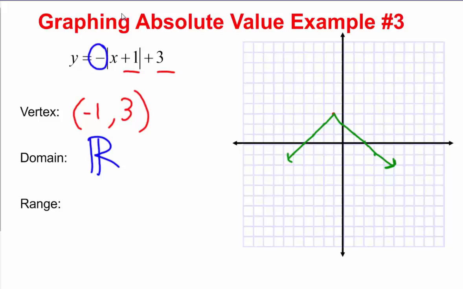And our range is going to be y is less than or equal to, because we have a negative a value, so y is going to be less than 3, because 3 is the y value of our vertex, and that is the highest y value that we have on our graph.